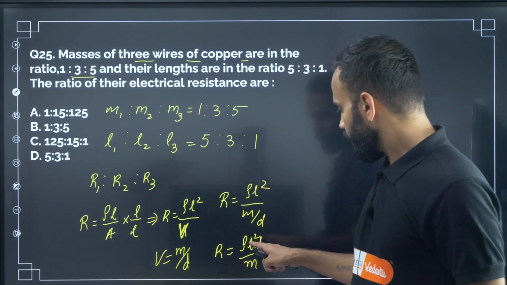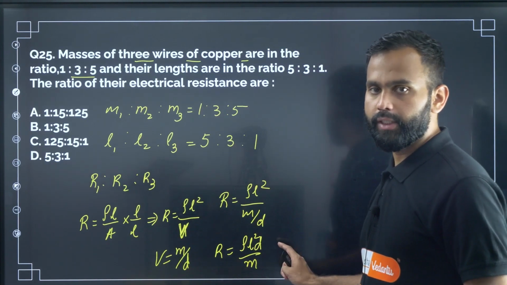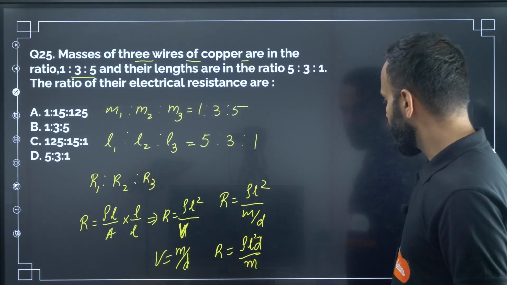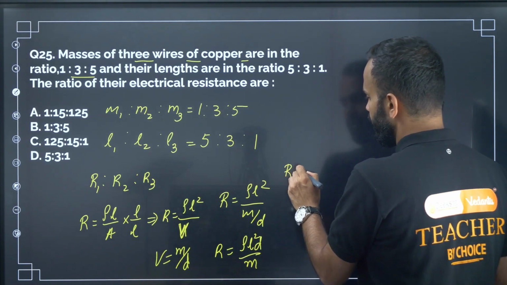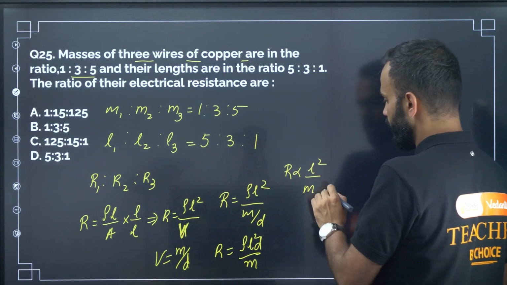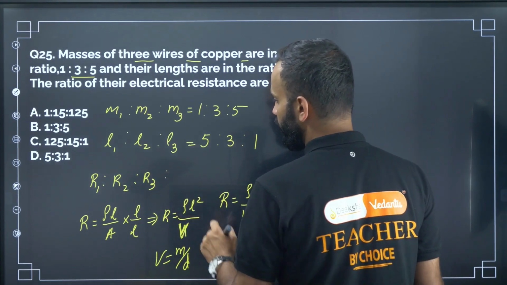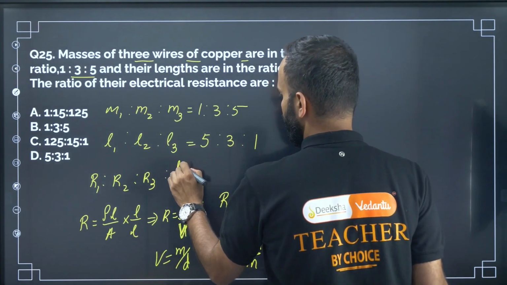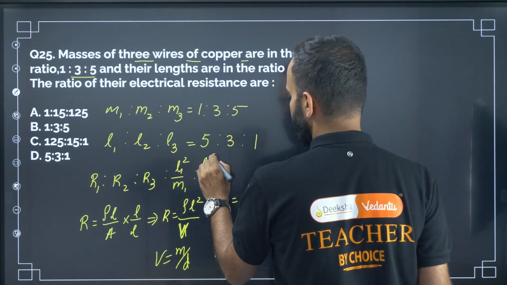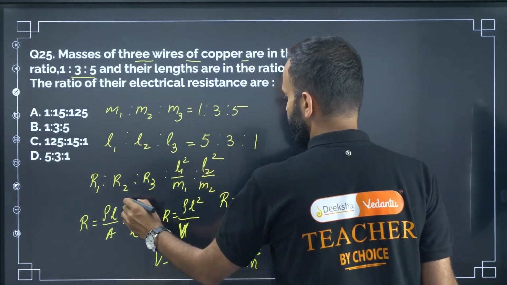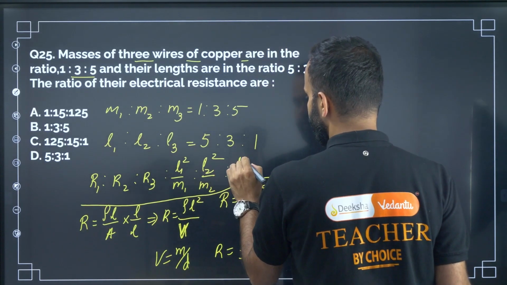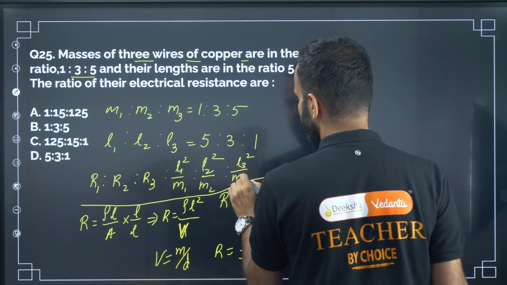Here rho and d, resistivity and density, both are constant. So R is directly proportional to L square divided by m. So R1 is to R2 is to R3 is L1 square divided by m1 is to L2 square divided by m2 is to L3 square divided by m3.